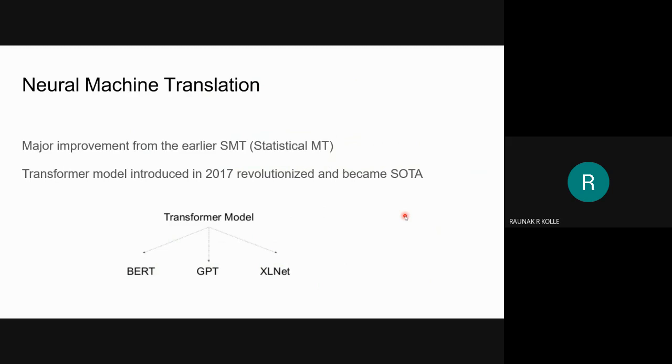Neural machine translation. A major improvement was made over the earlier SMT standards. The transformer model introduced in 2017 revolutionized the field and became SOTA. The transformer models used were BERT, GPT, and XLNet.